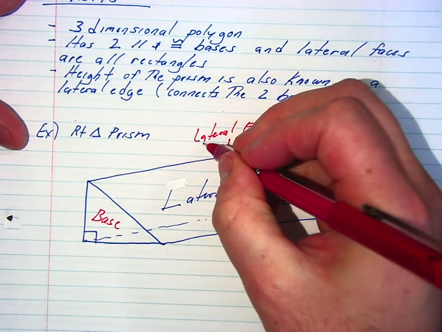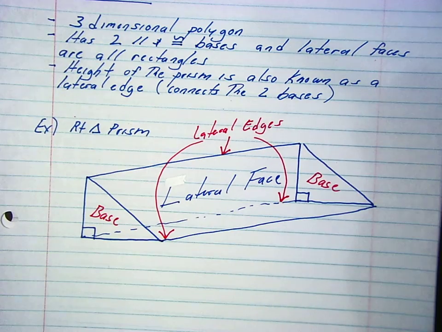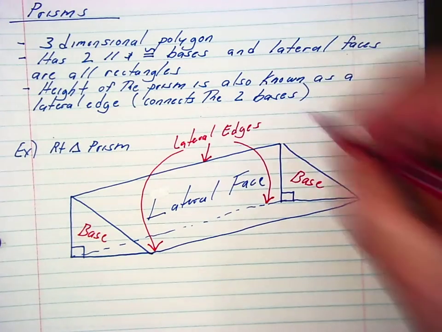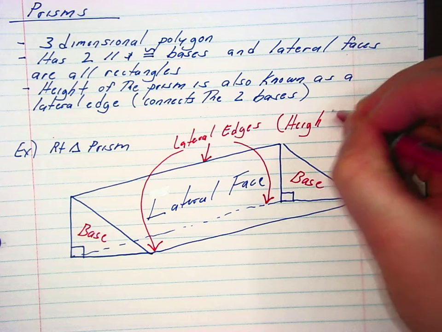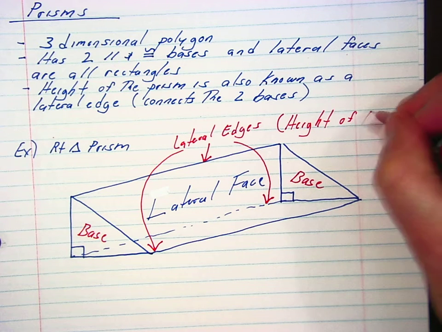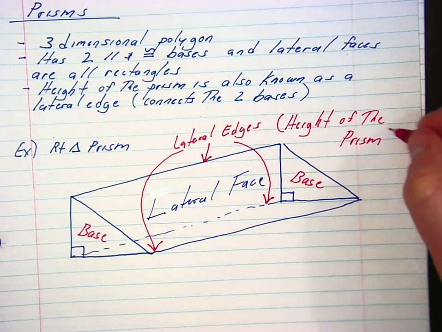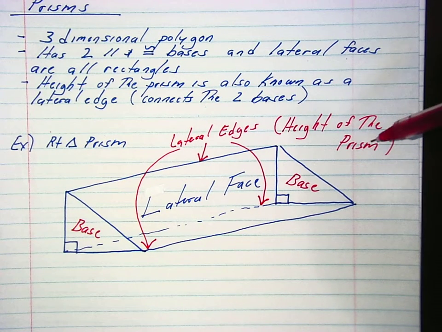And then there's this one all the way here in the front. Those are all known as lateral edges. Super important thing I'm about to say right now. Lateral edges are the height of the prism. Almost every single formula we're going to do, you're going to have to know the height of the figure.